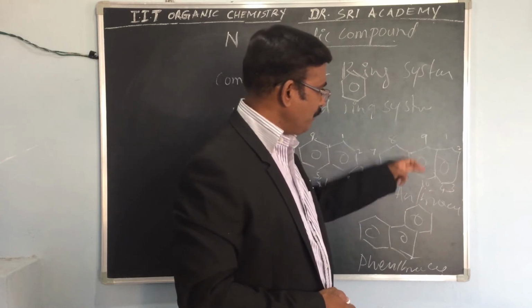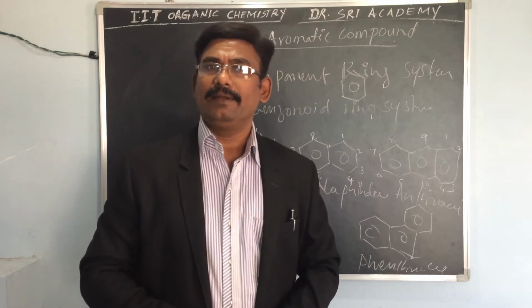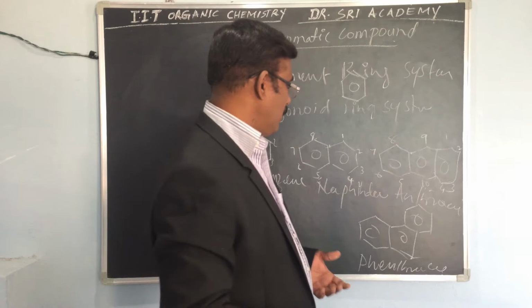This is the numbering system of naphthalene. In the case of anthracene, you number 1 to 8, and the middle ring contains 9 and 10. That is for benzenoid compounds.